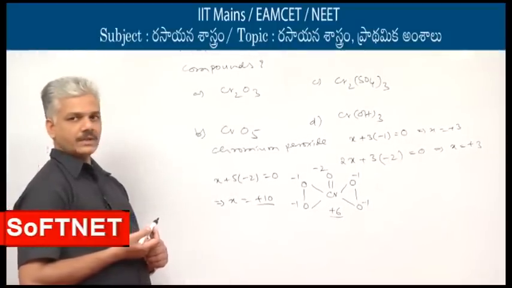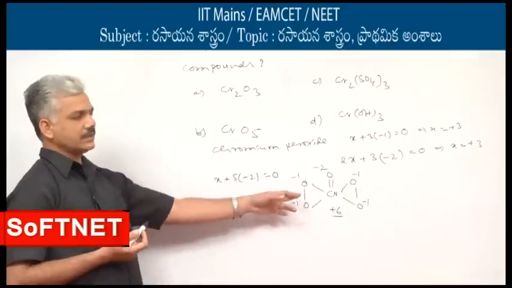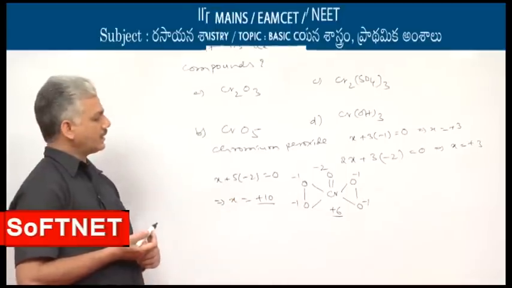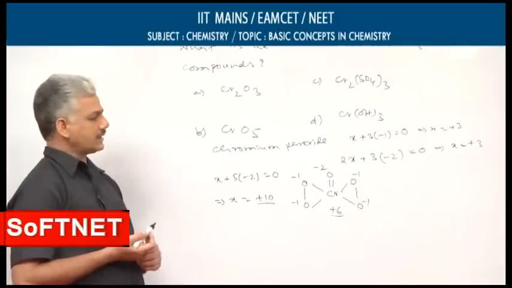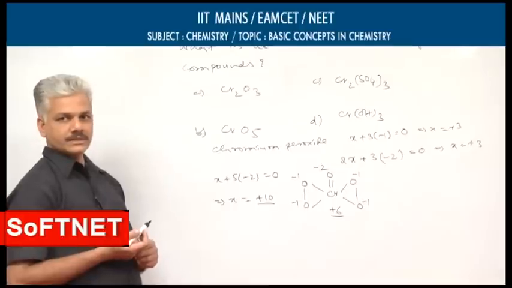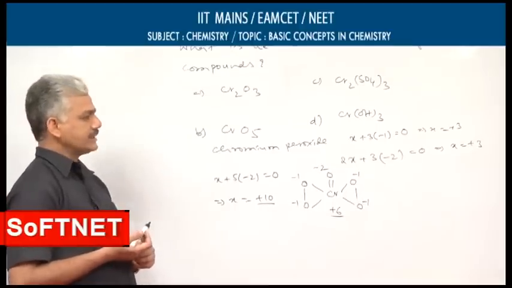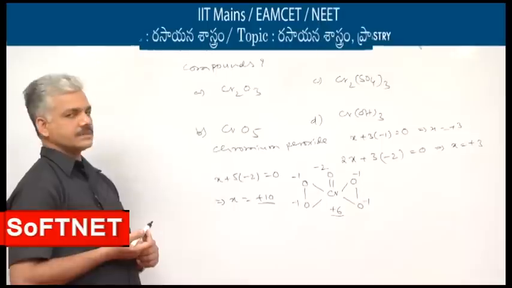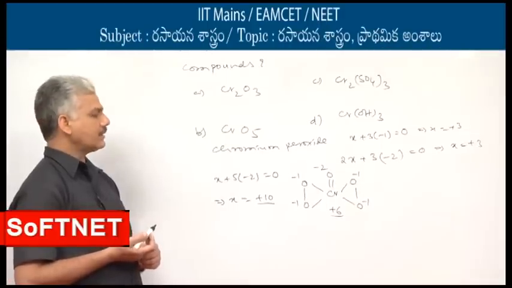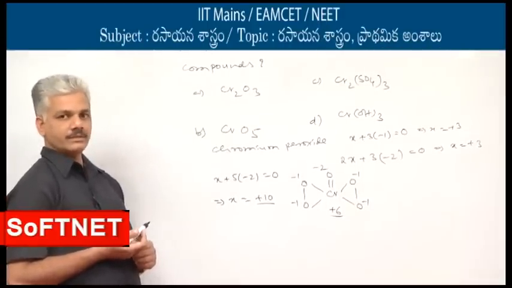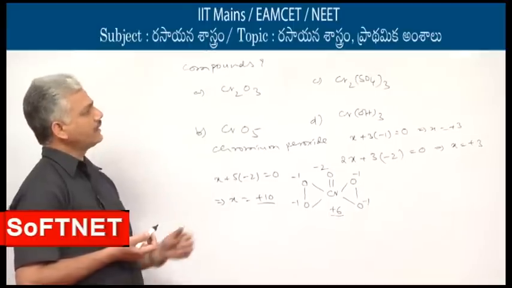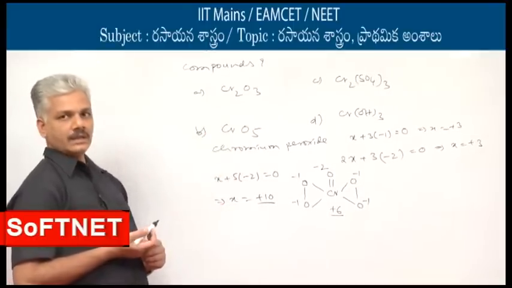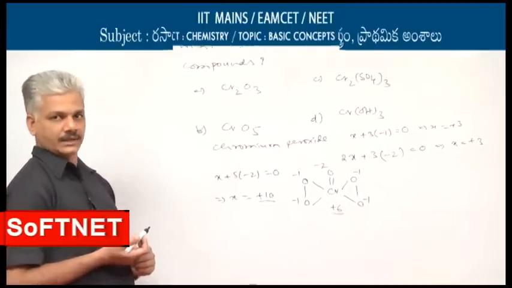Whenever you get abnormal values, check the structure of the compound, or better, apply the relation that maximum oxidation state is equal to plus G and minimum oxidation state is equal to minus of 8 minus G, or you can write it as G minus 8. In that way, the oxidation state of any element can be calculated.